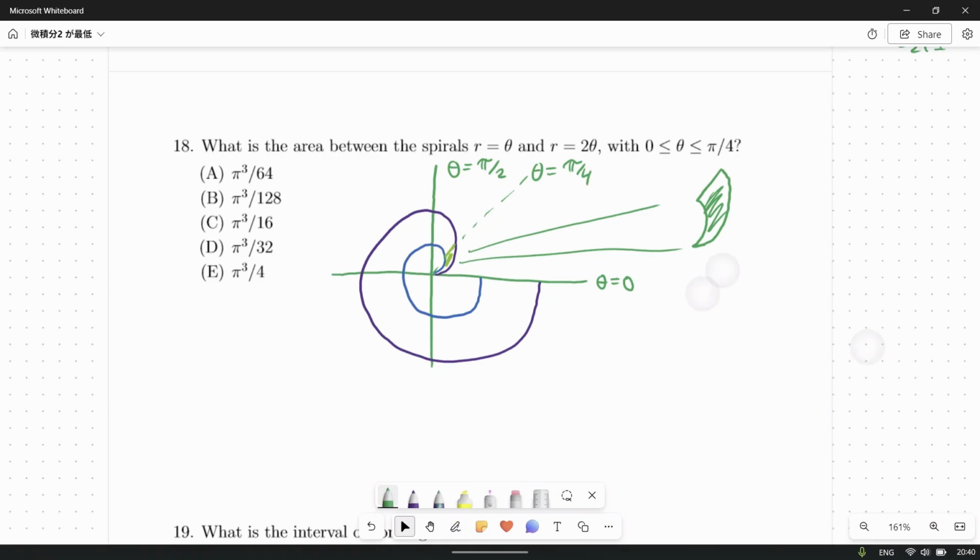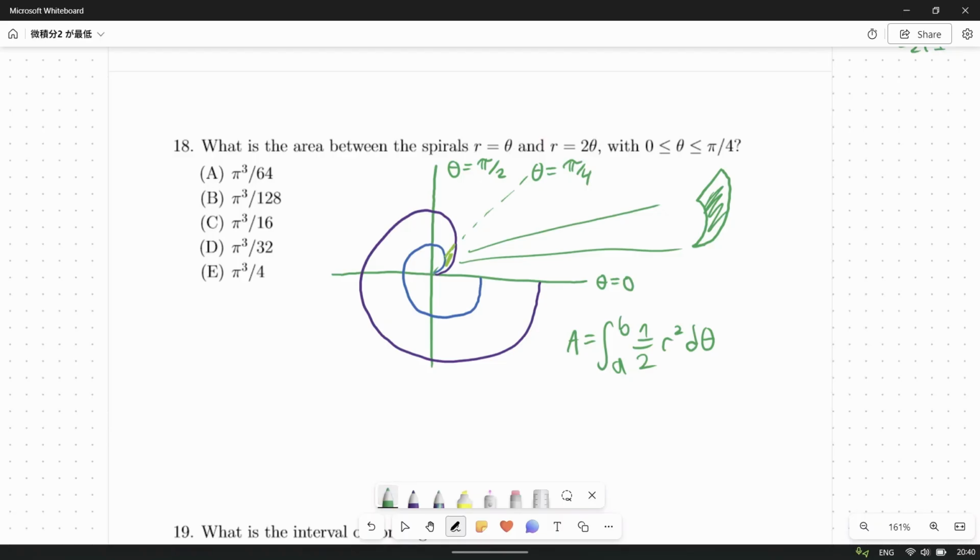The formula is that the area is equal to the integral from a to b of 1/2 r squared with respect to theta, where r squared is the function, so either r equals theta or r equals 2 theta.